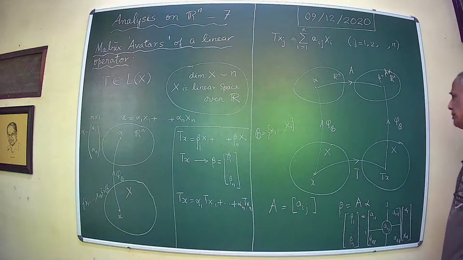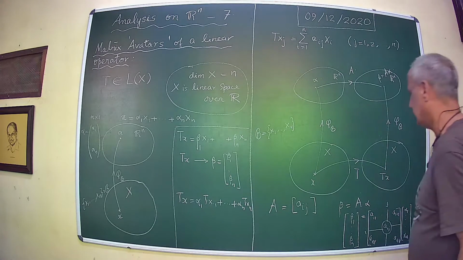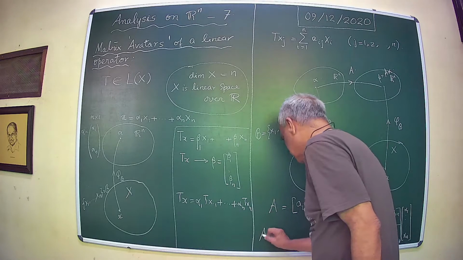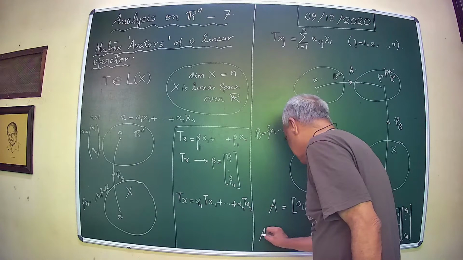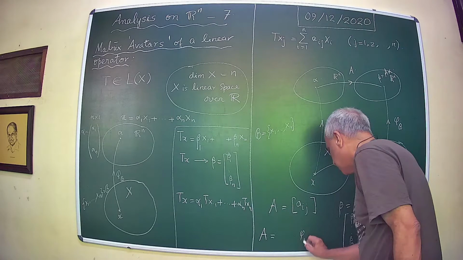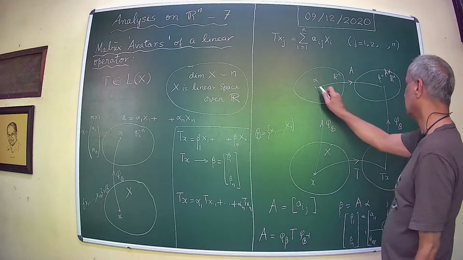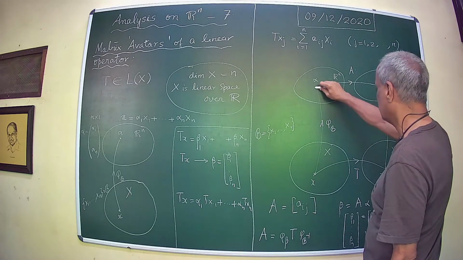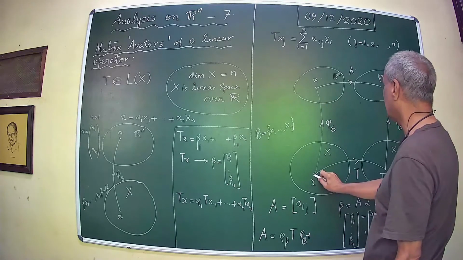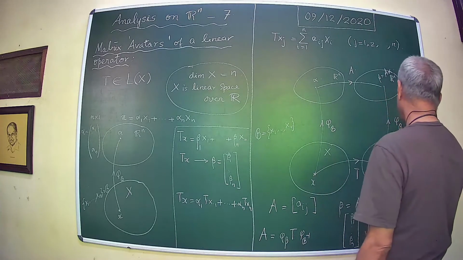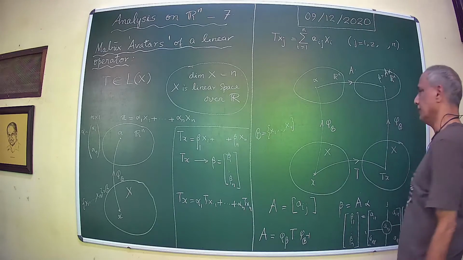Okay, fine. So last time I just computed this. So A is essentially equal to phi B inverse T phi B. That is, this map can be thought of as going backward from alpha to x, x to Tx, and Tx to beta.